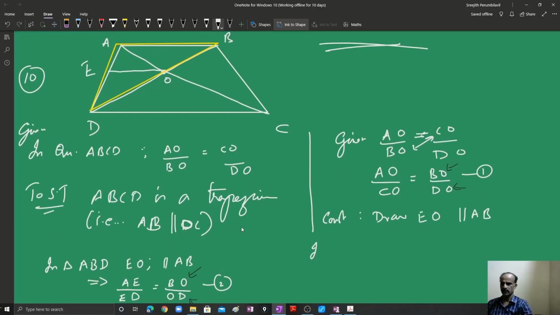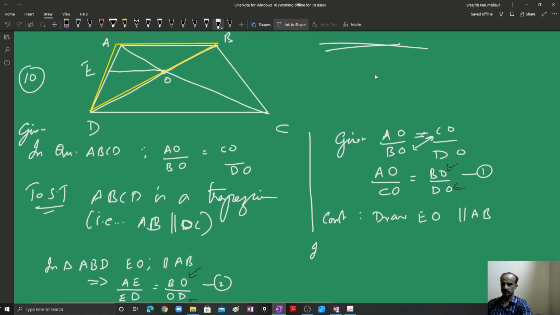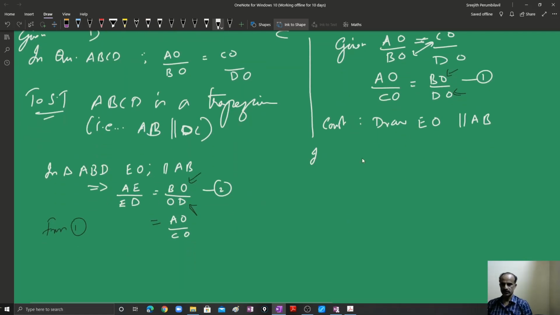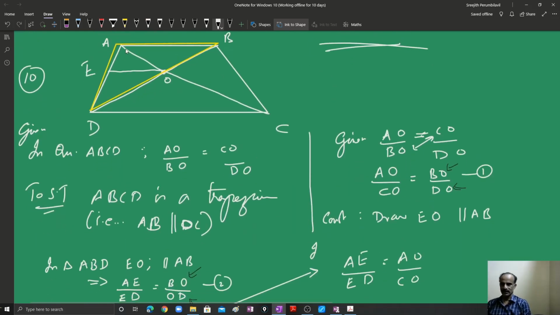Now come back to the figure. This means AE by ED is equal to AO by CO. Come back to the figure. AE by ED is equal to AO by CO.